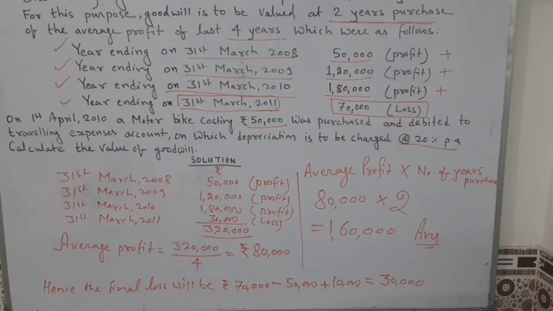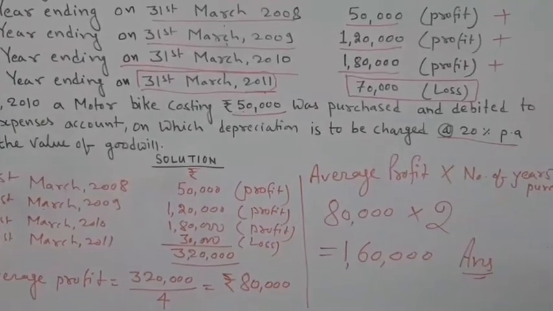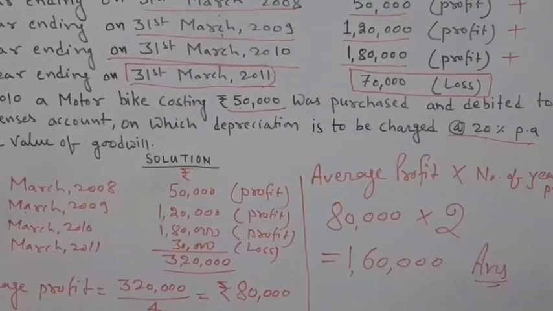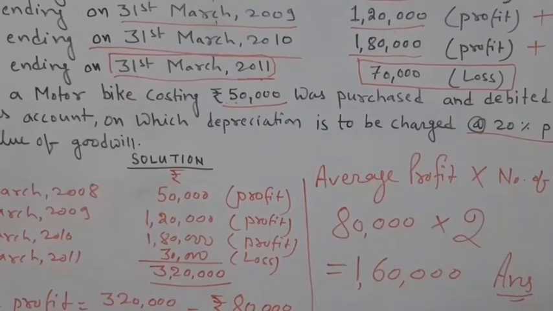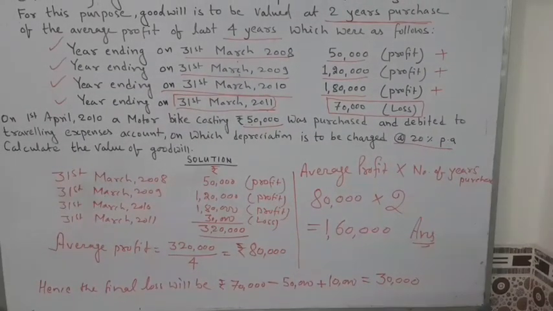Average profit into number of years purchase: 80,000 into 2 is equal to 1,60,000. 1,60,000 is our answer. Please note it.